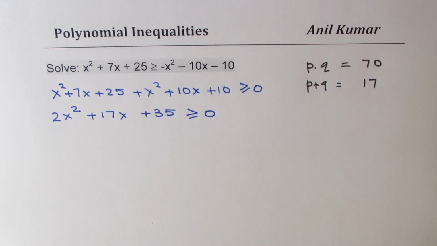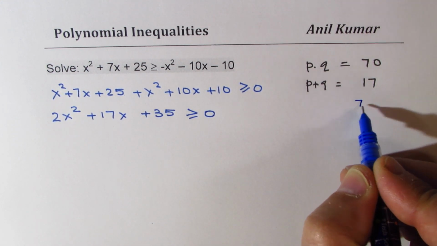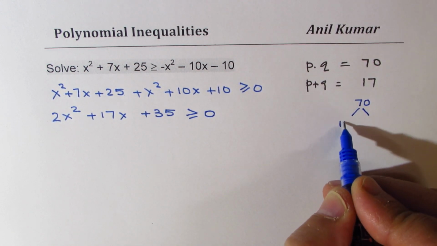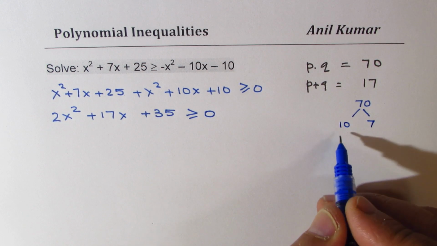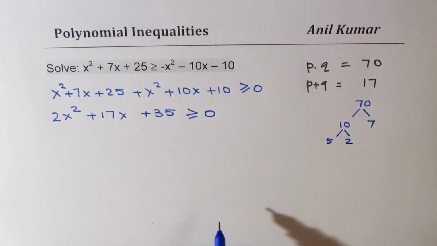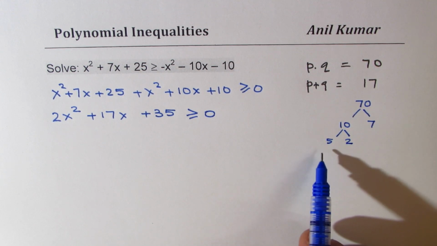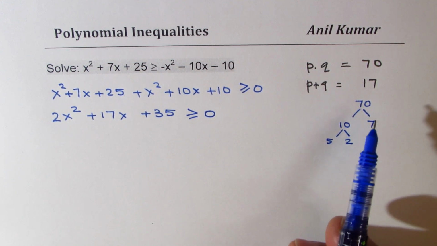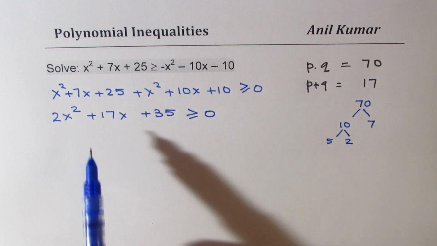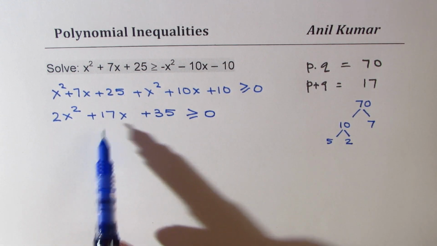whenever there are big numbers to work with, the idea is to do prime factorization. So 70 could be written as, for example, 10 times 7, right? 10 could be written as 5 times 2. Now, when you multiply all these numbers, you do get what we need, but we need a combination which will give us a sum of 17.